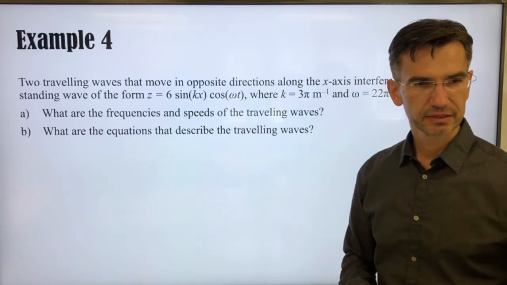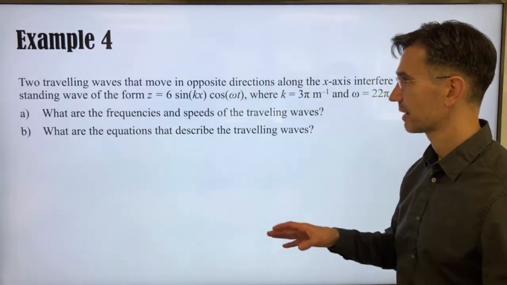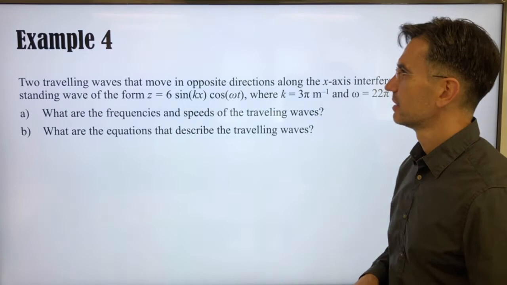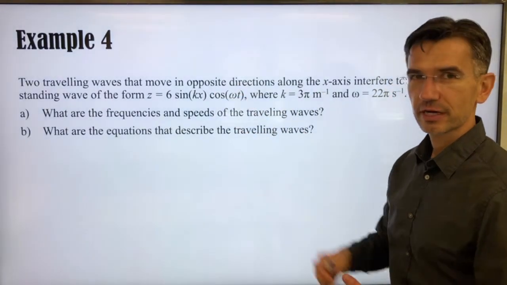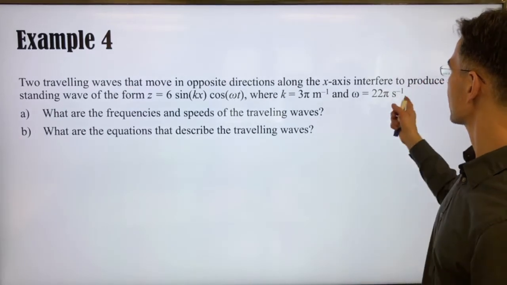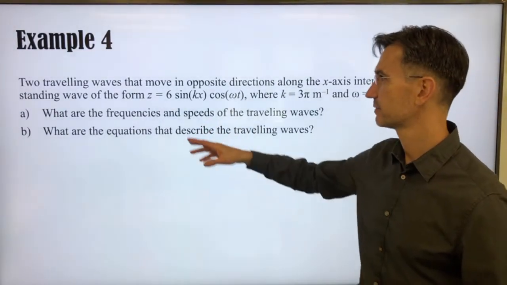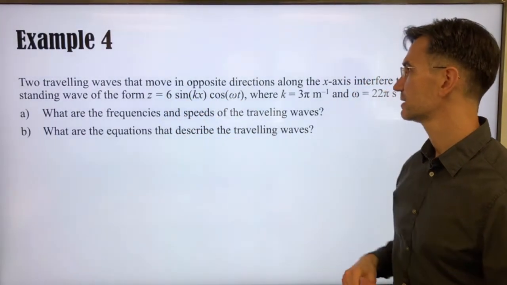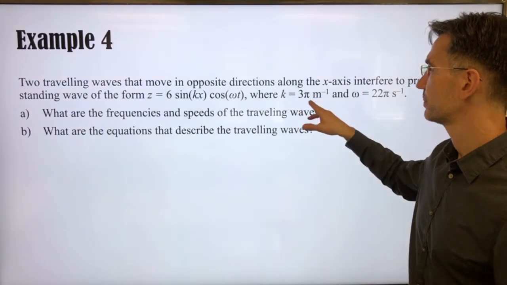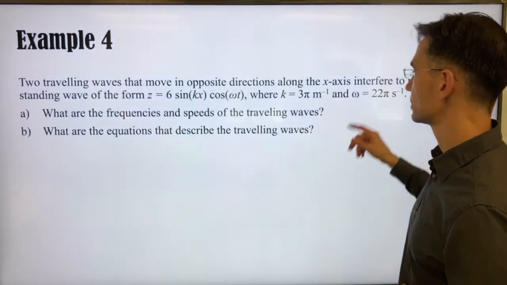So let's take another example, and this is going to be the last example ever for the semester. We have two traveling waves moving in opposite directions along the x-axis, and they interfere to produce a standing wave that has the form z equals 6 sine kx cosine omega t, where k is 3 pi per meter, the wave number, and omega is 22 pi per second.